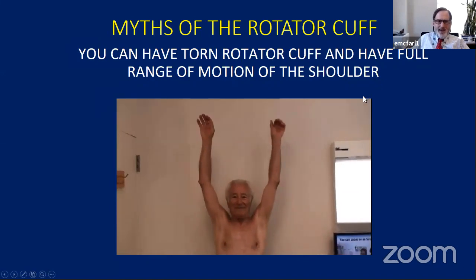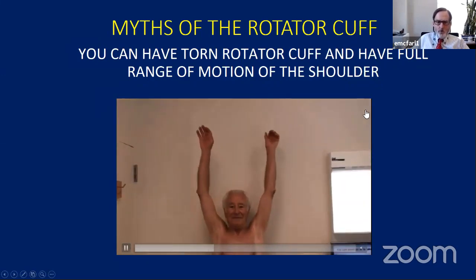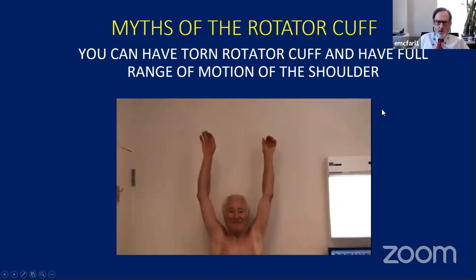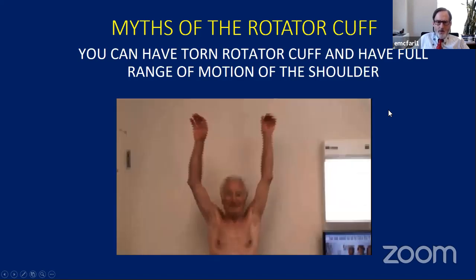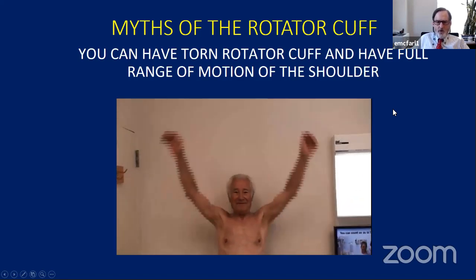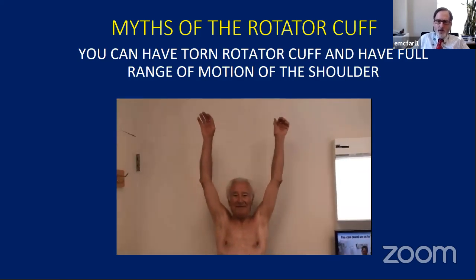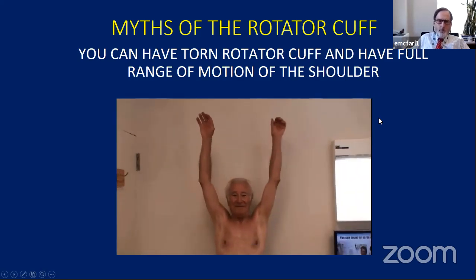So you can actually have a completely torn rotator cuff and have full range of motion. This gentleman has no supraspinatus or infraspinatus, and he has great range of motion and very little pain. So this is not the patient that needs a reverse arthroplasty or probably any kind of operation, because he's very happy and he can move his shoulder.